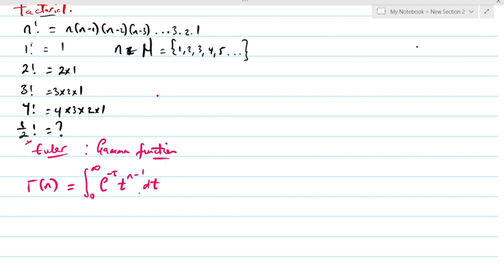So this is an extension of the factorial function to fractions. With this now you can calculate arbitrary numbers. We are able to find half factorial, 1/3 factorial, pi factorial, etc. So I want you to take note of this because we need it in the long run.